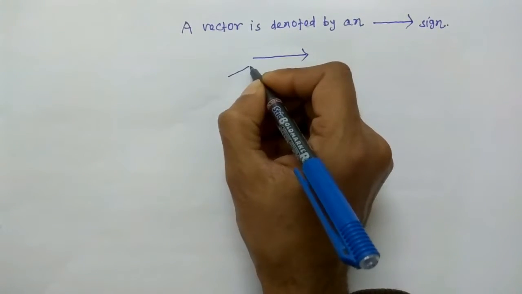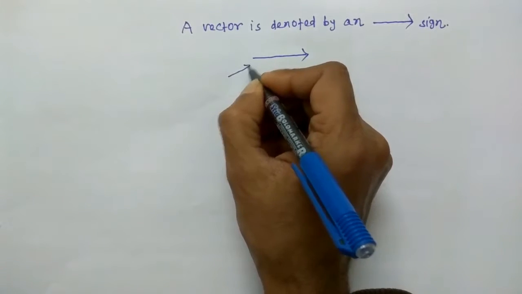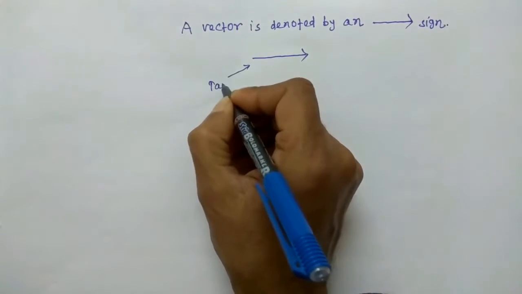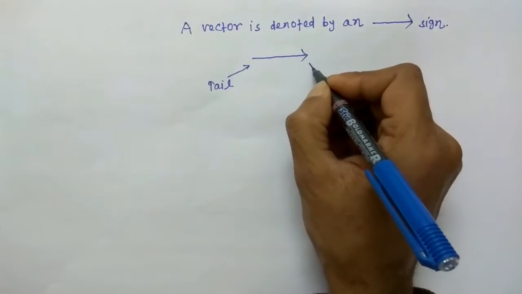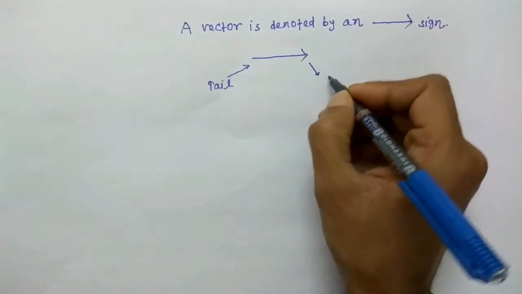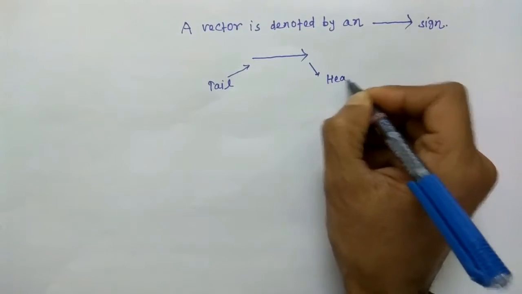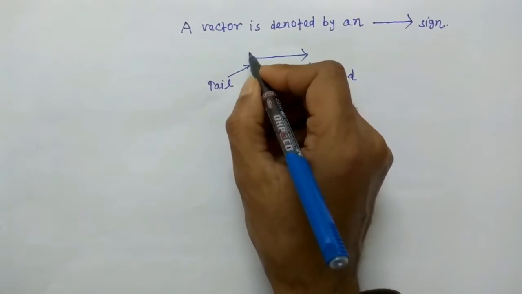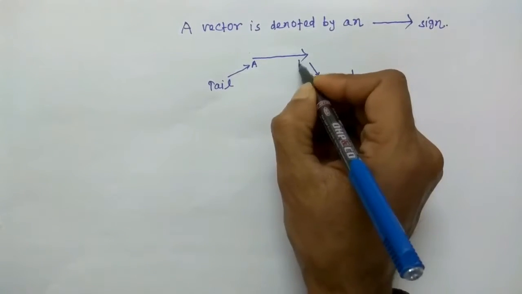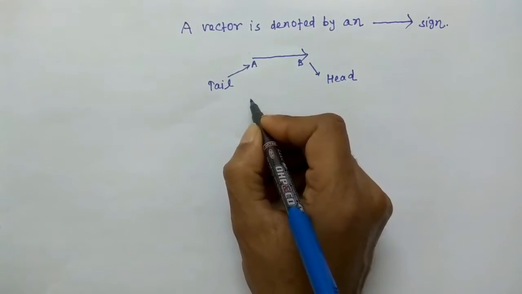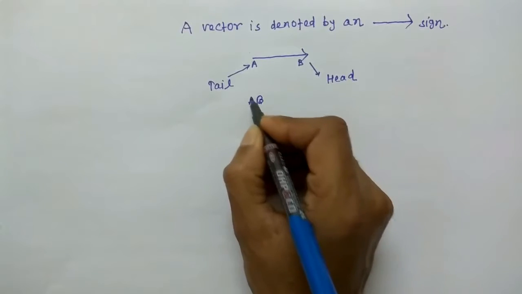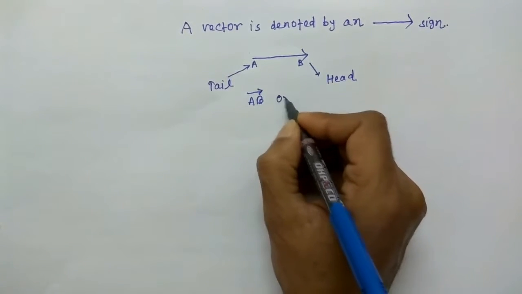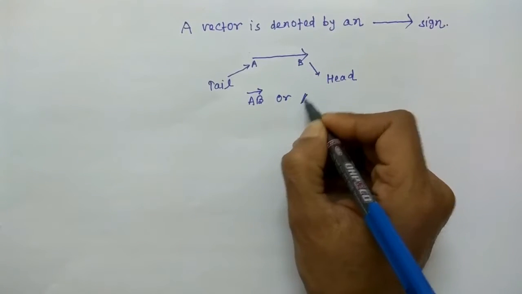This is called the tail and this is called the head of the vector. You can represent a vector by putting an arrow, or you can make it bold.